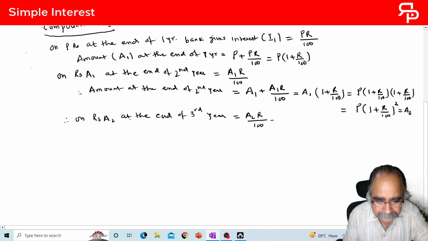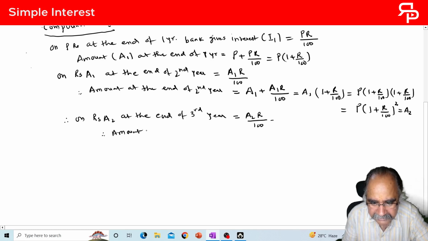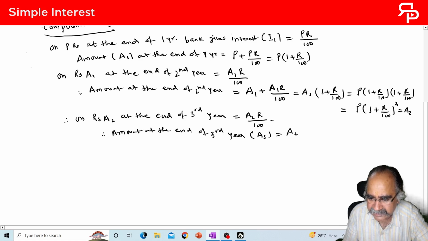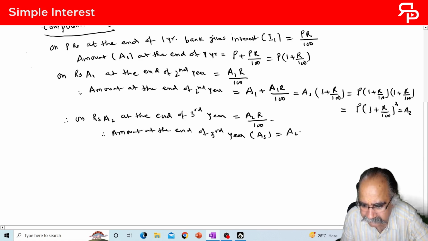Therefore, the amount at the end of the third year, which I'll take as A3, will become A2, the principal in the beginning of the third year, plus the interest on it, A2R upon 100.